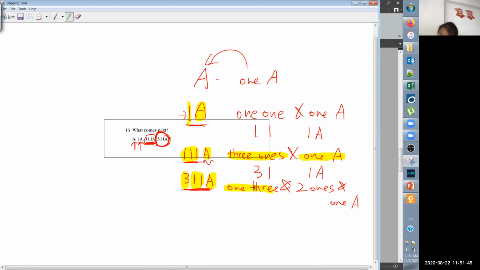So 1, 3, 2 ones, and 1A. So just write this down. 3, 1, 1, 3, 1, 3, then 2, 1, and then 1A. That's why this is your last question mark. Okay? 可以吗？可以。Okay, good. Next.